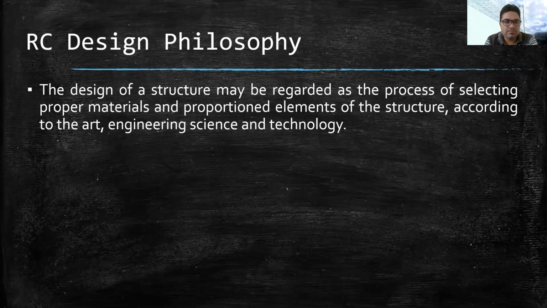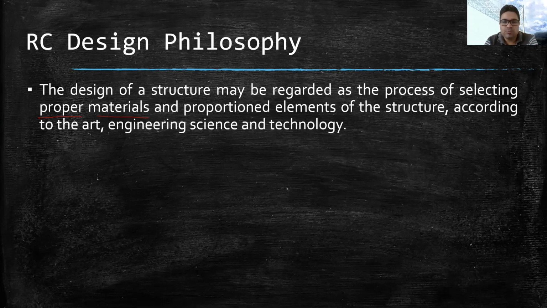So far, we will read this statement that design of a structure may be regarded as the process of selecting proper materials. We have seen in the previous lectures also, when we are manufacturing concrete, we have to select proper materials like the aggregates, the cement, admixtures.